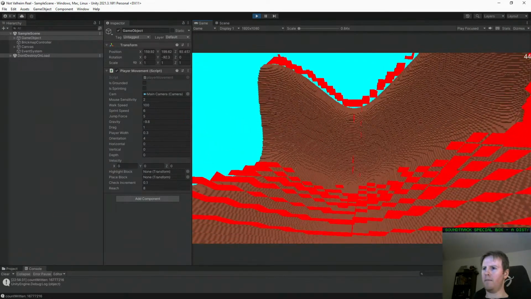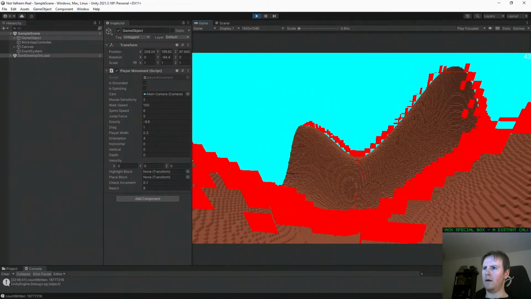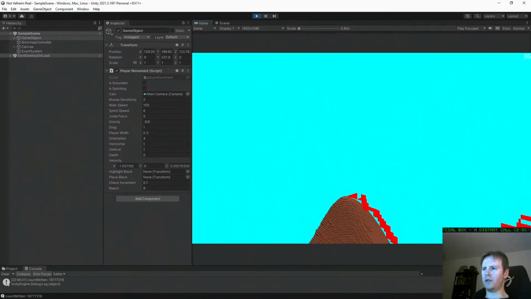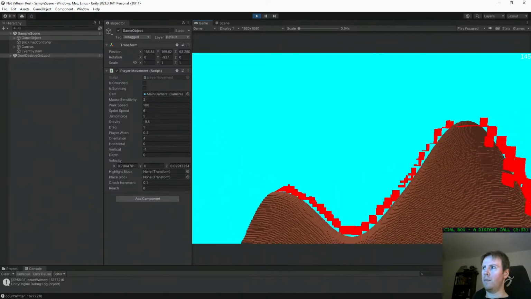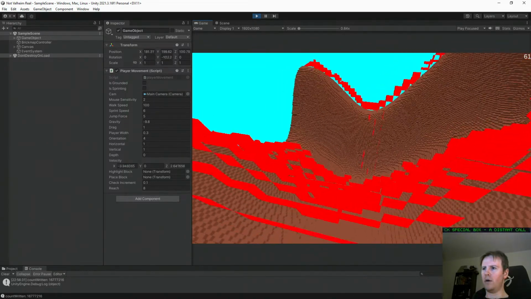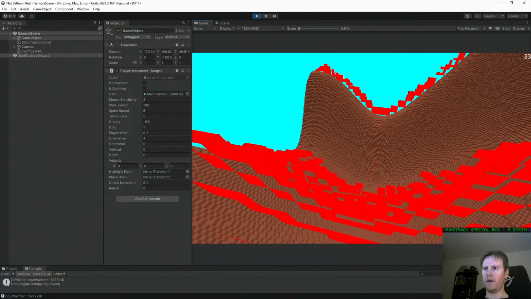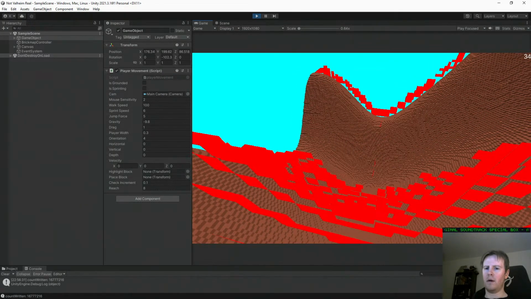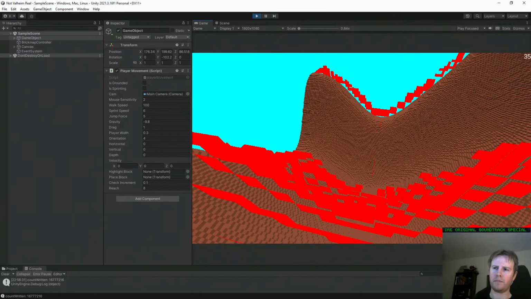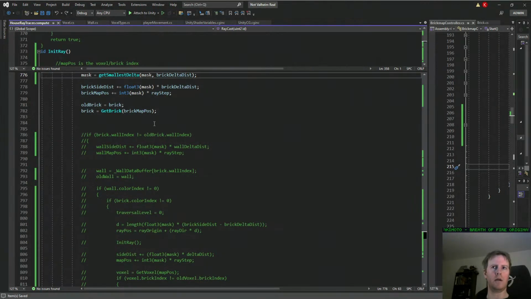It's like the bricks work just fine up here, right? But once you are next to something, how does that work? It's like it's checking.